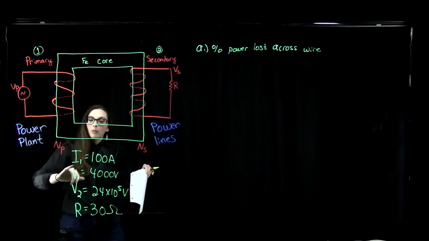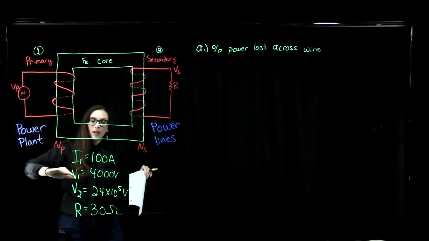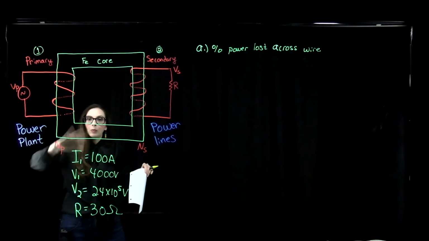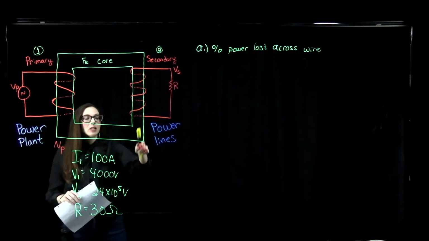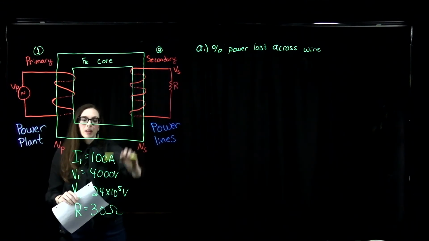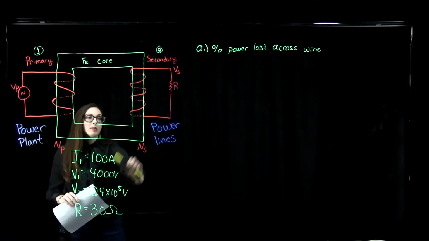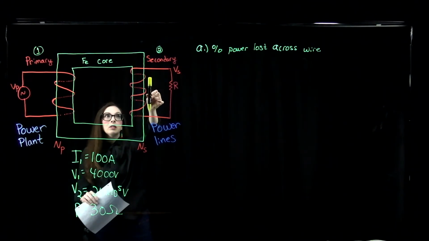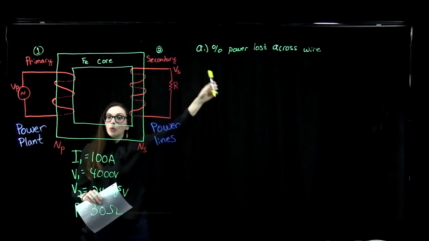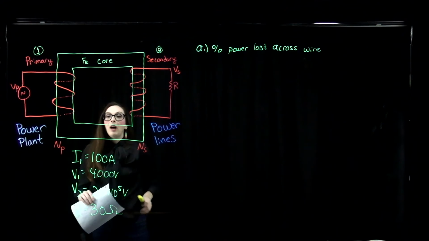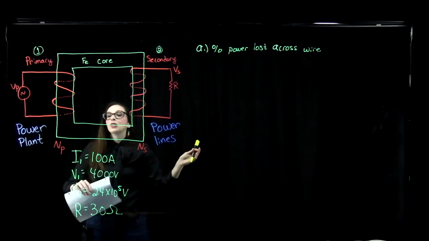And through there, we've got this current and this potential. And then with the magic of our transformer, we're going to step up that voltage over on this side to 2.4 times 10 to the 5 volts in my secondary coil. And it's this voltage that is going to have an associated current, and that electricity is what's going to go through our high voltage power lines to eventually get to your home.